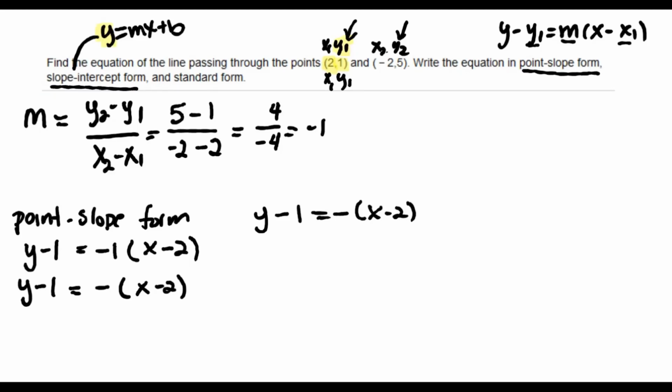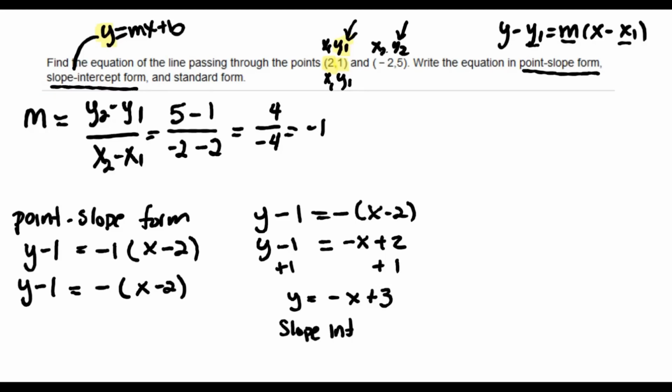I'm going to distribute that negative to give me negative x plus 2, carry down the y minus 1. Now to get the y by itself, I add 1 to both sides. That gives me y equals negative x plus 3. So that's my equation in slope-intercept form.